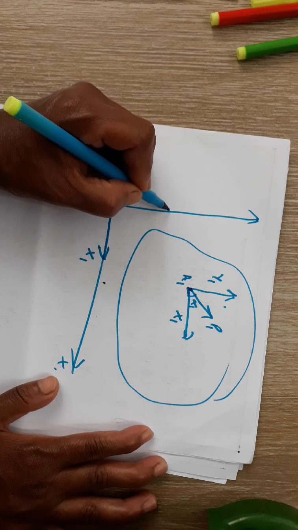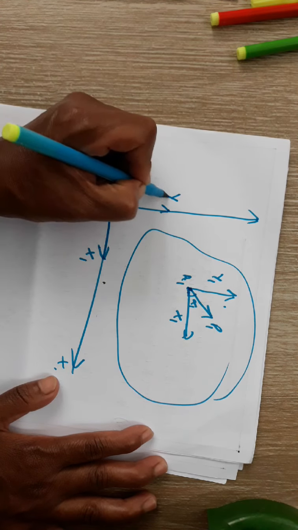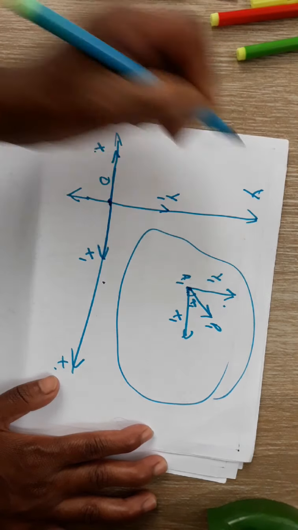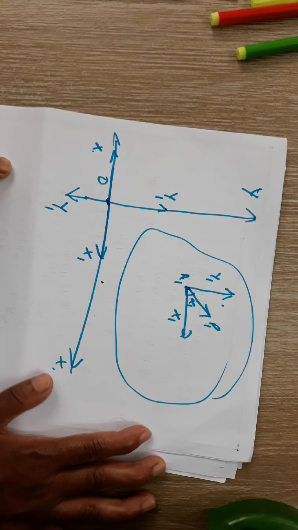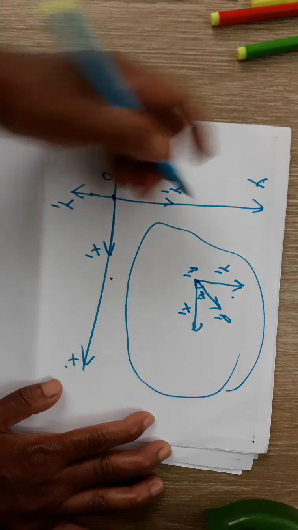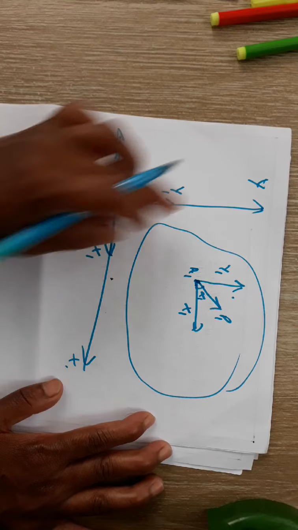Similarly, along the y-axis I am introducing y1 along OY, the positive direction of the y-axis, and y1 along the negative direction, so that all these forces cancel each other.